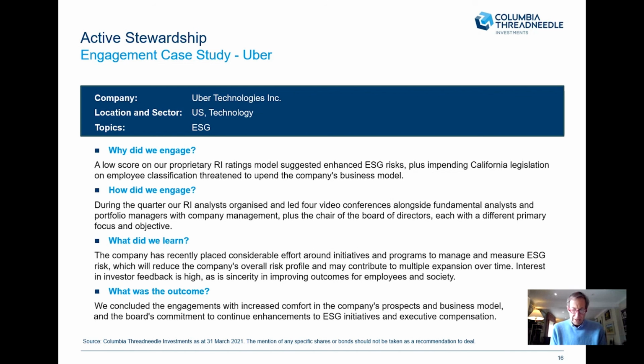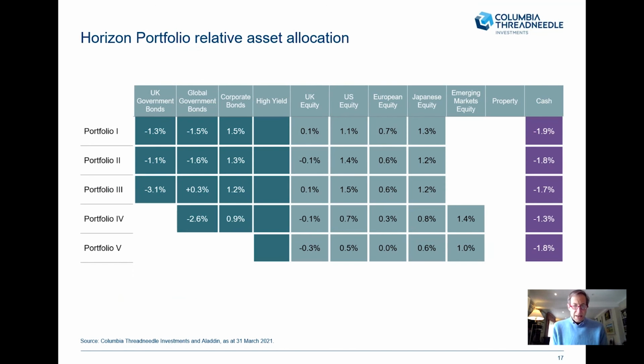And after various meetings with senior directors and the chairman, they agreed to have a policy of enhancement of employee rights and particularly an executive pension scheme, their salary rewards linked actually to those policies. So another successful case of engagement with companies.